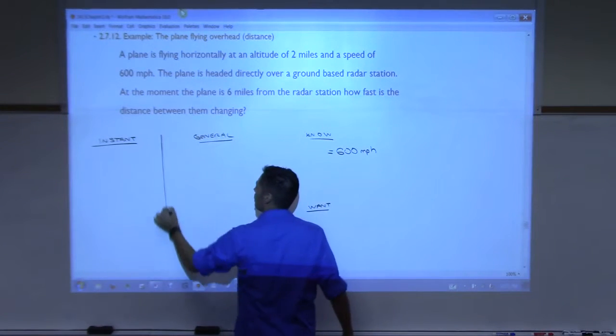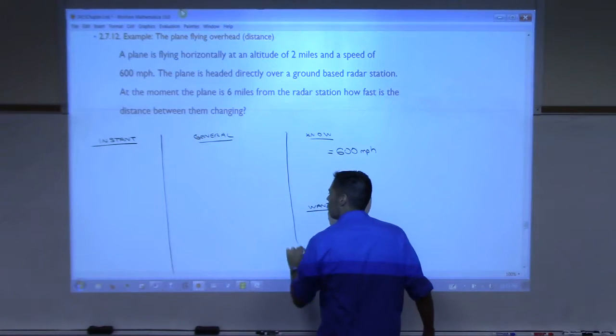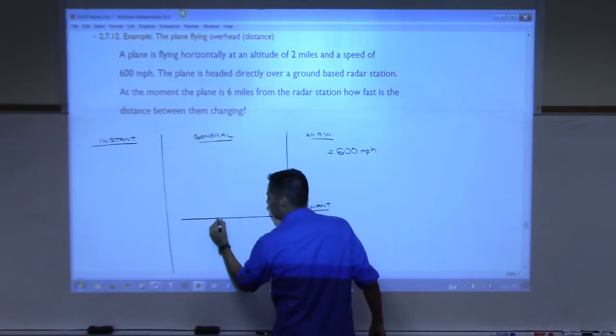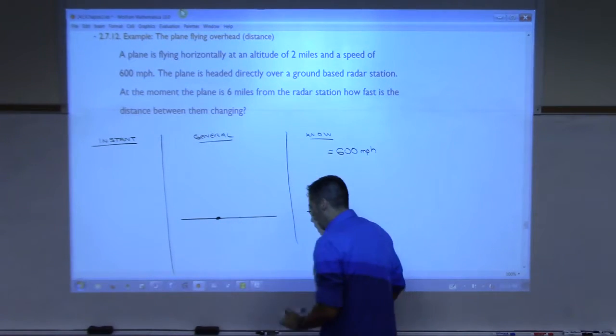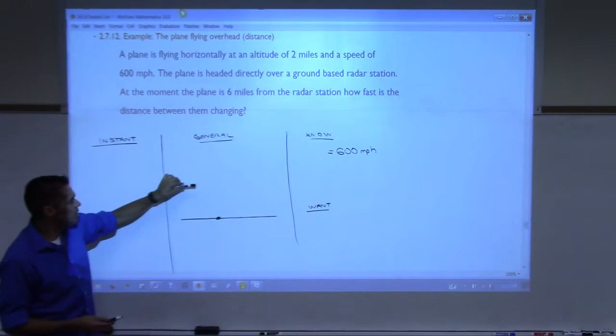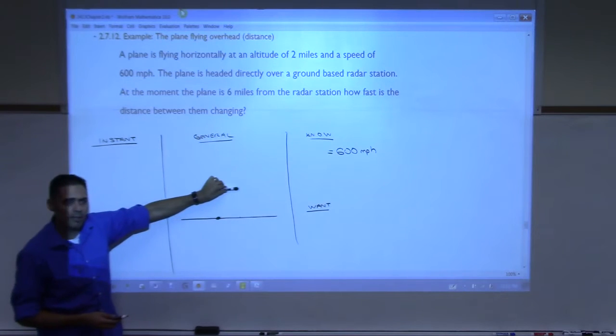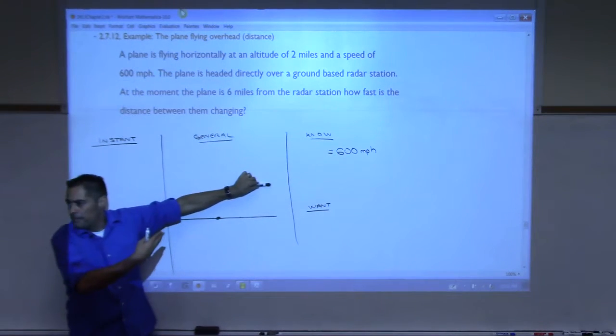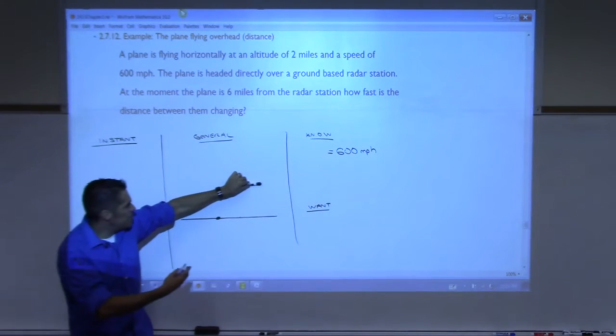And I think I'll do a general picture first. I have the ground, and I have a point on the ground. I have a plane that's flying overhead that could be, in general, at any point, arbitrarily, right? As long as it's 2 miles high, this plane could be at any point above here. So let me just place it wherever.